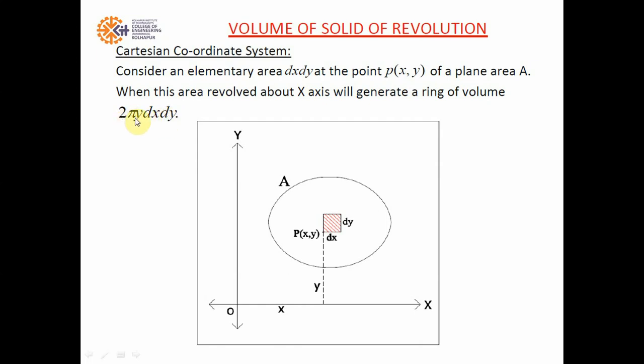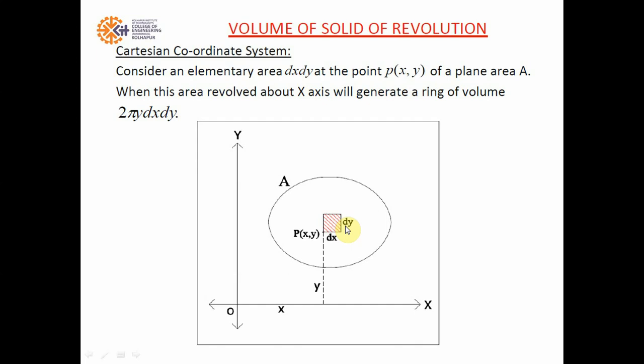Here 2 pi y is the circumference of the ring, where y is the radius of the ring and dx dy is the cross-sectional area.